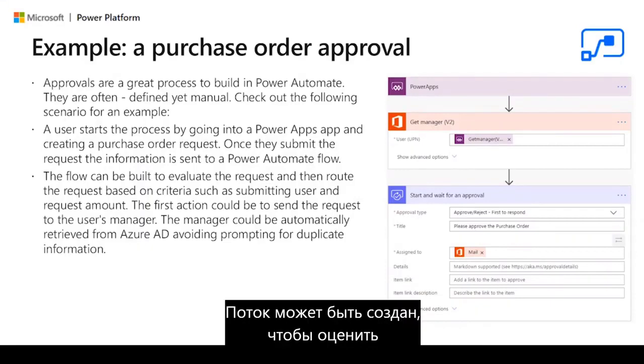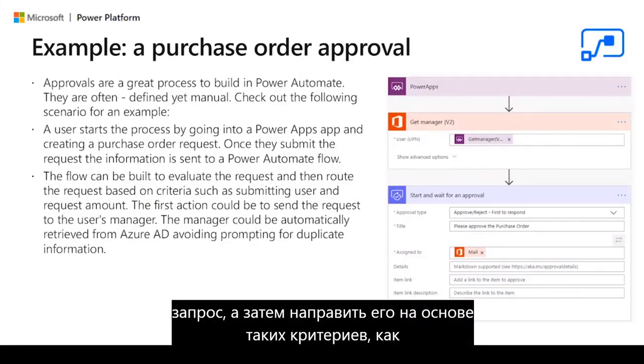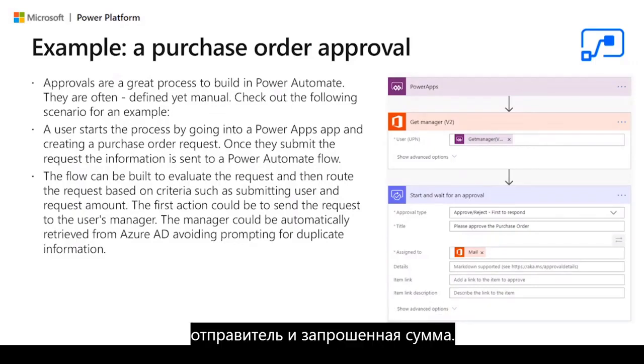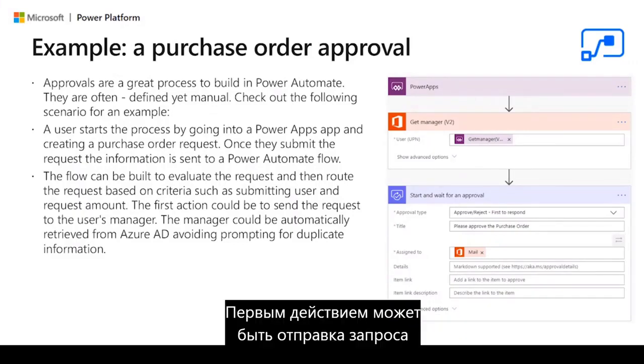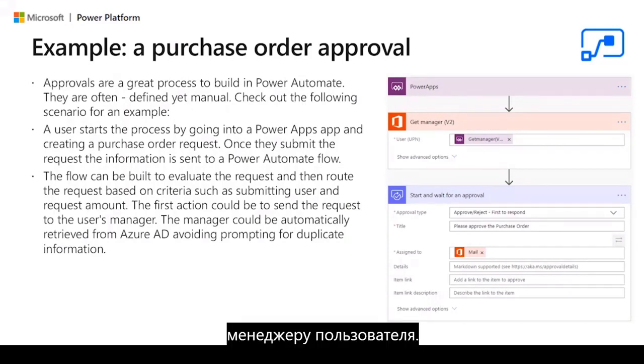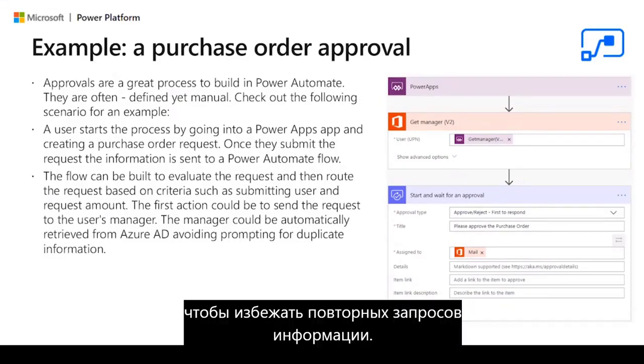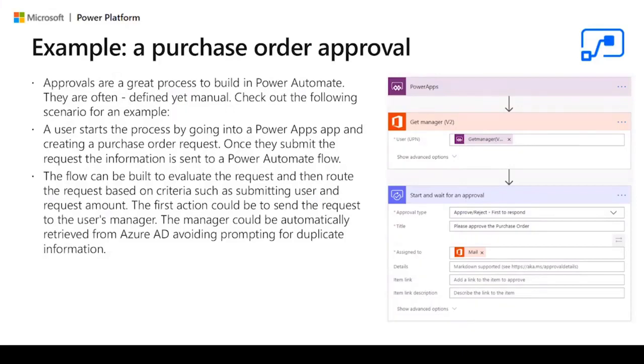The flow can be built to evaluate the request and then route it based on criteria such as submitting user and requested amount. The first action could be to send the request to the user's manager. The manager could be automatically retrieved from Azure Active Directory, avoiding prompting for duplicate information.